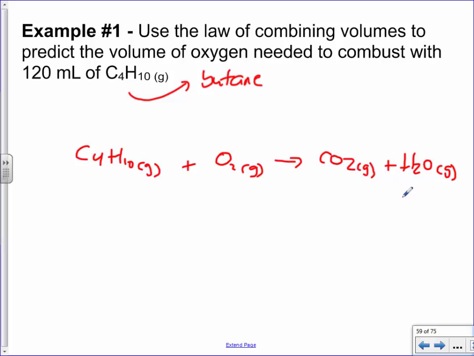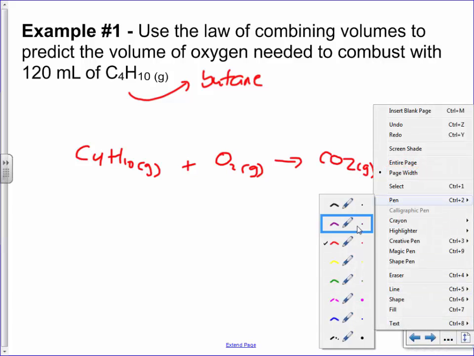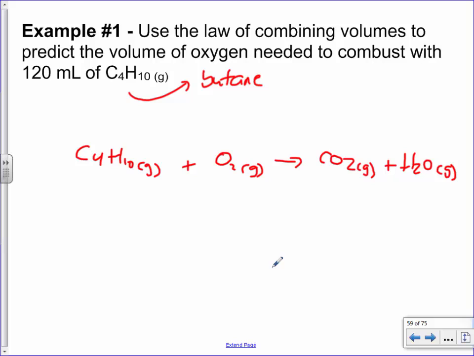All right, next up we have to balance this thing, because it's not balanced, and that's the very first thing I teach you in grade 10. 4 carbons to 1 carbon, so I'll throw a 4 there. 10 hydrogens, but they come in groups of 2 over here, so you're going to want a 5 there.